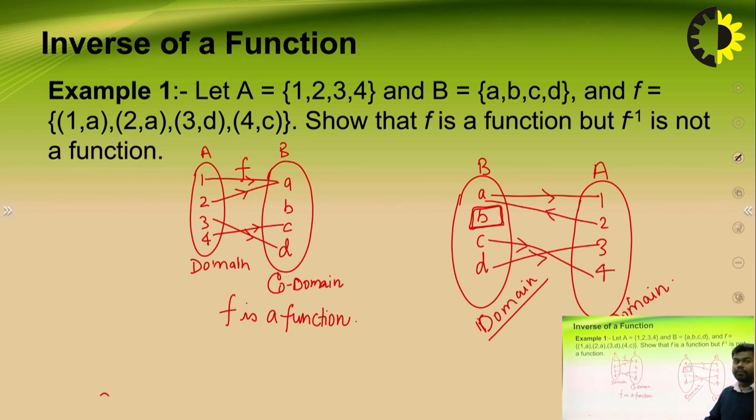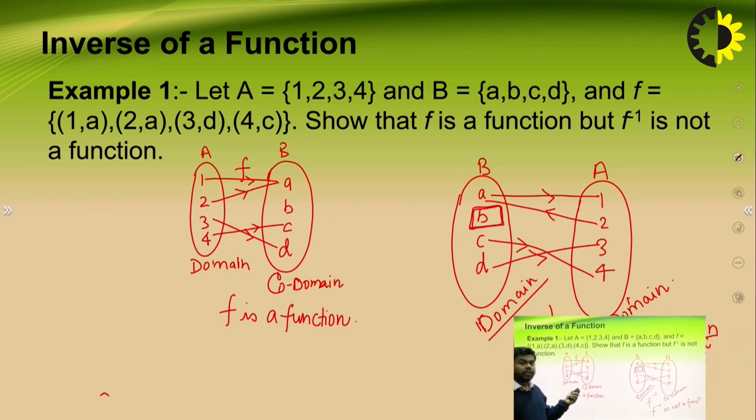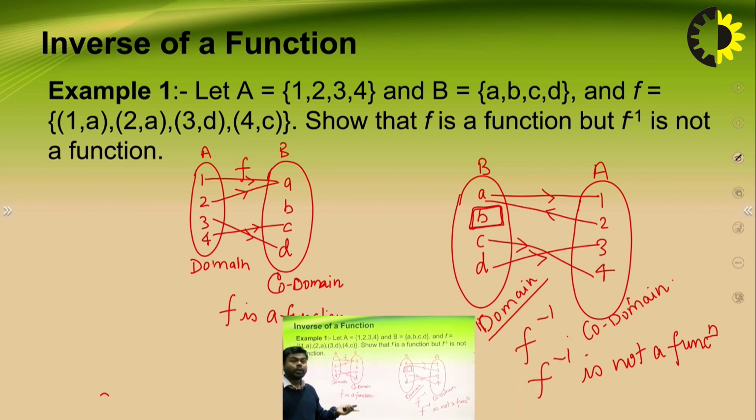So, this is not a function. Now, I have interchanged it. So, this b to a means this is f inverse. Now, from the definition of function, f inverse is not a function. Okay, you have understood it. From this example, f is a function and f inverse is not a function. So this is the diagrammatical method to solve it.